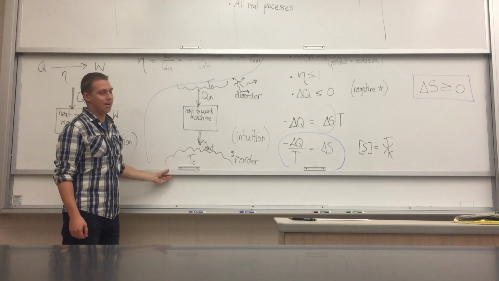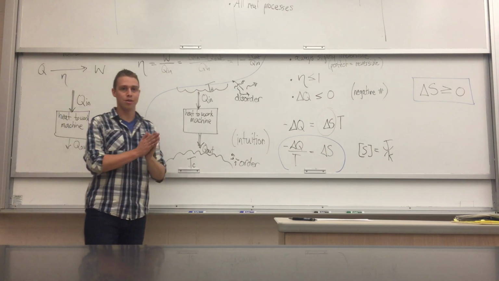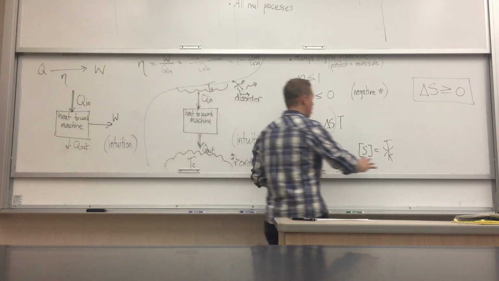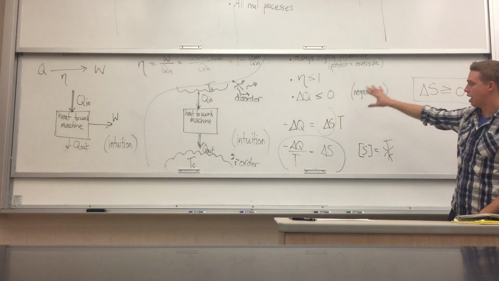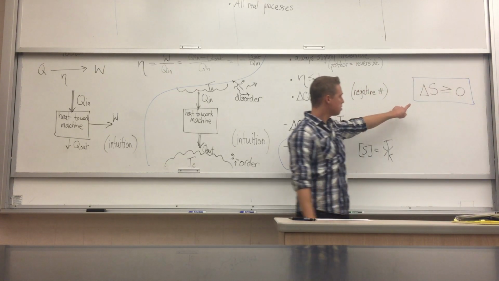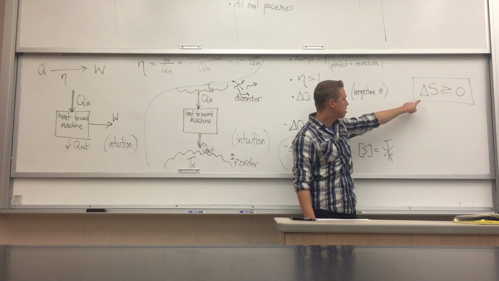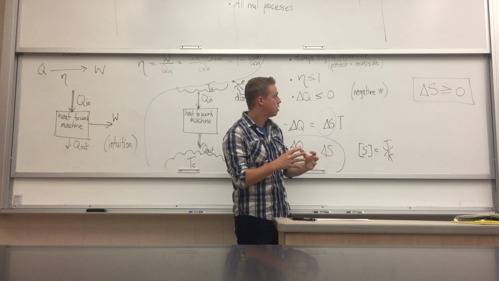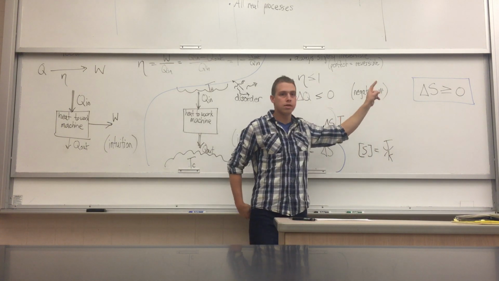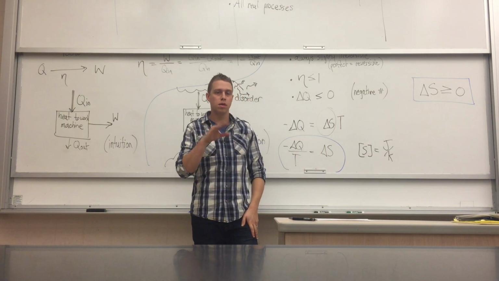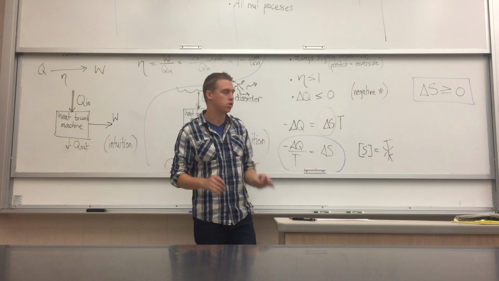You can tell by the fact that I haven't raised the board all the way, we've got one more. And notice that in this discussion, we came up with this fact. Delta S, or the change of entropy, must be greater than 0. It's equal if it's perfect, and that can never actually happen.